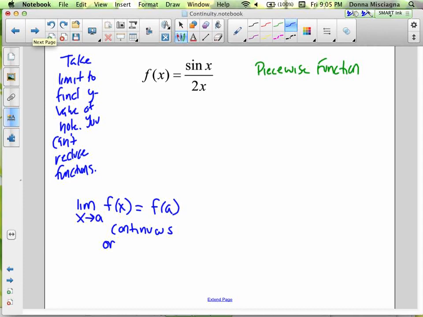But it also tells us the y value for the hole. Right? So when it's not continuous and it has a removable discontinuity.